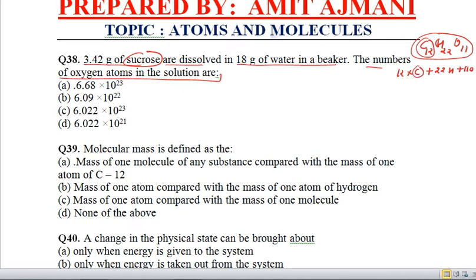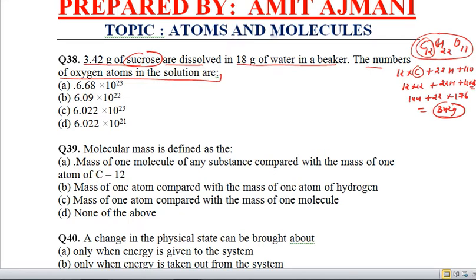Atomic mass of carbon is 12, so 12 into 12 comes out to be 144, plus hydrogen is 1, so 22 into 1, and oxygen is 16, the mass, so 11 into 16 is 176. Adding them up, we will get 342 grams. So the gram molecular mass of sucrose is 342 grams.